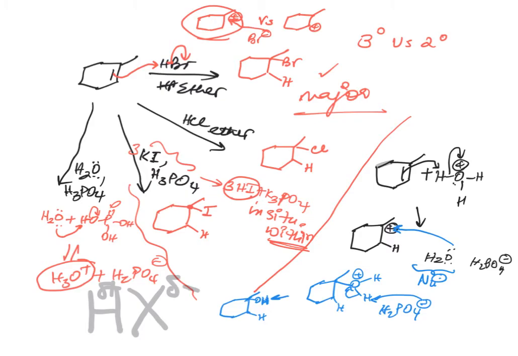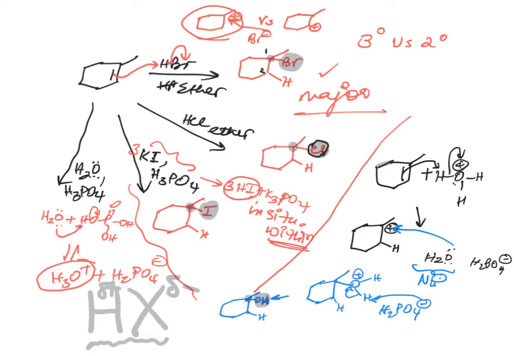Well, it turns out that the negative end of this HX molecule ends up on the more substituted carbon atom. Notice between the two carbon atoms that I had drawn, maybe position 1 and position 2, the Br, the Cl, the I minus, and in the case of water as well, all of them showed that the negative end of the molecule went to the more substituted end.